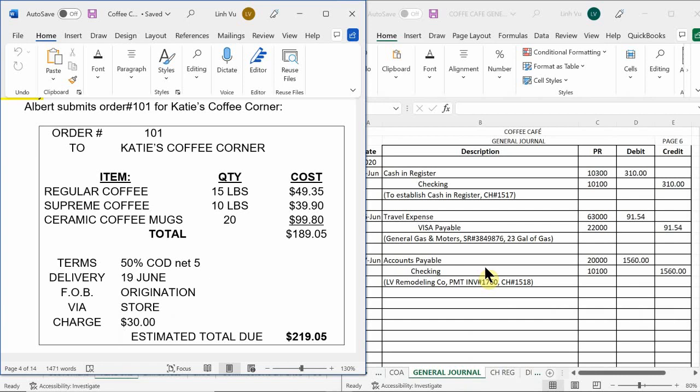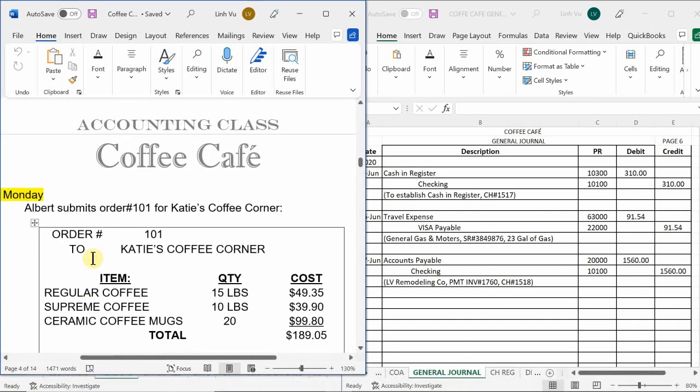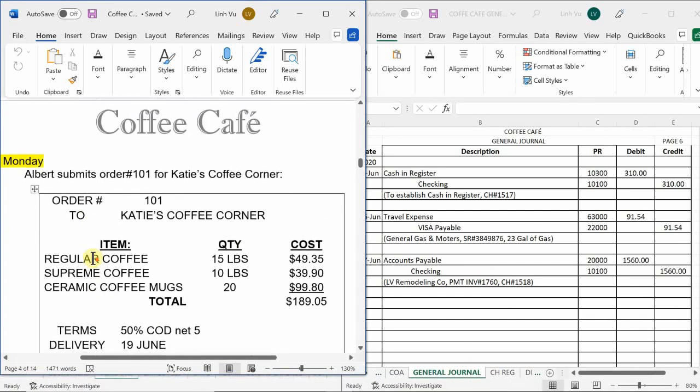Correct. That means she has to pay 50% upfront. What else does it say? It's to be delivered on the 19th. What's today? Today's the 17th. Today's our grand opening day, Monday, June 17th.